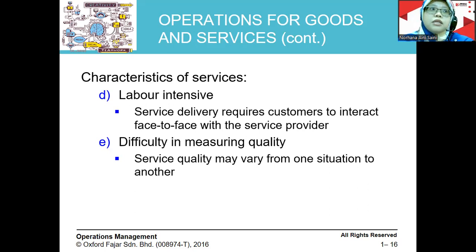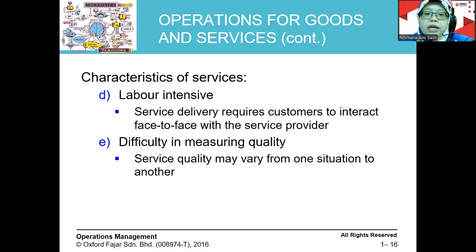For example, if you go to a car service center, definitely they will explain to you what kind of service you want, or what is broken in your car. Why? Because they need face-to-face interaction.